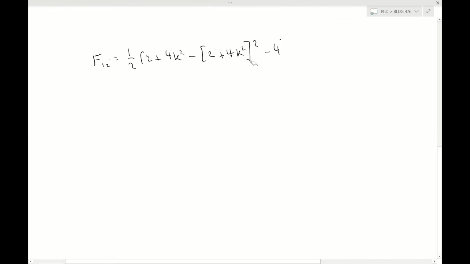So now what we want to do is combine those two equations together. So our F12 is equal to 1 over 2 plus 4k squared, minus the square root of 2 plus 4 squared minus 4, with some brackets here, all to the half.